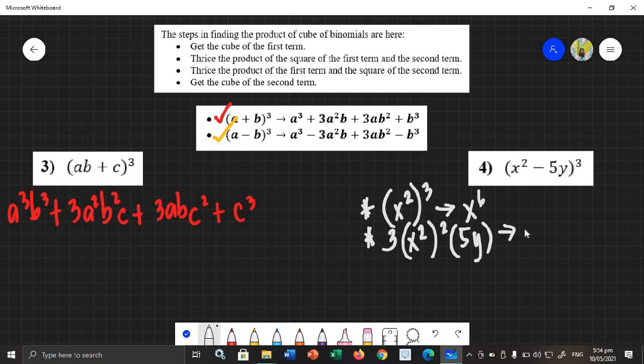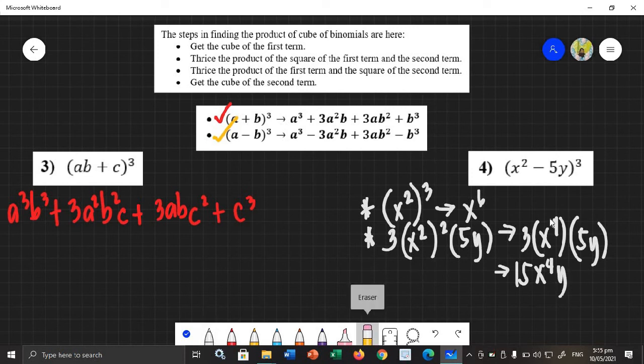So you have 3 x raised to 2 times 2 is 4. So we have x raised to the 4th power times 5y. We have 3 times 5, so we have numerical coefficients. So 3 times 5 is 15. And then x raised to the 4th y. So that should be your product.